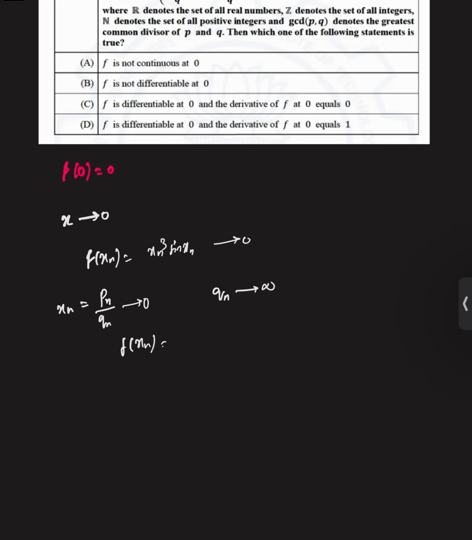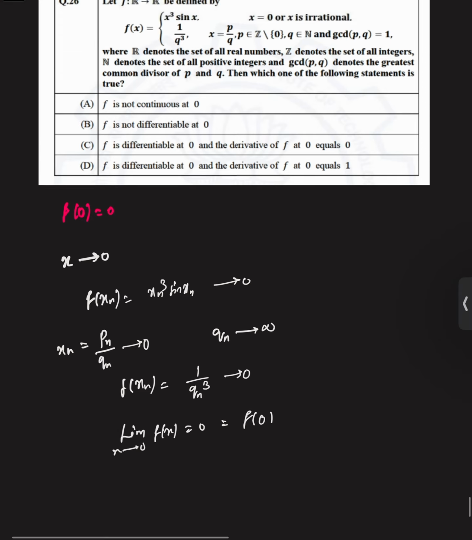So f of xn is nothing but 1 by qn cube, and this tends to 0. Therefore the limit as x tends to 0 of f of x is 0, which is our f of 0. So f is continuous at x equal to 0, so that statement is not correct.